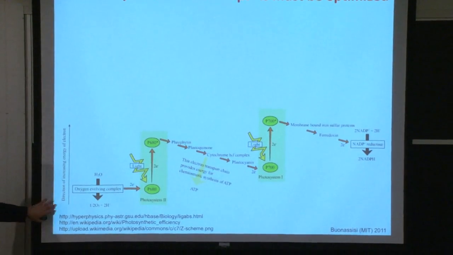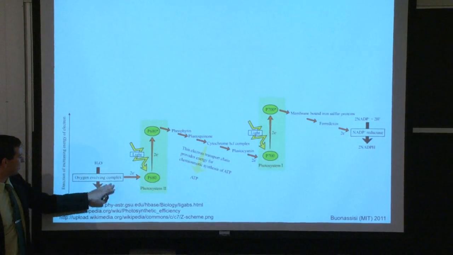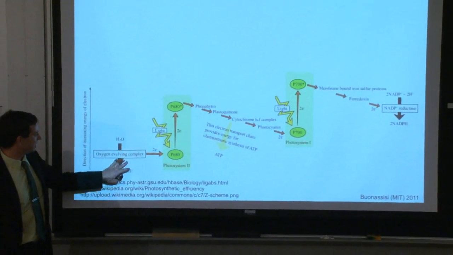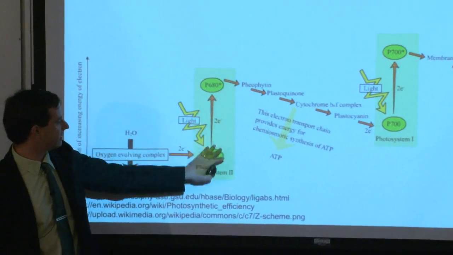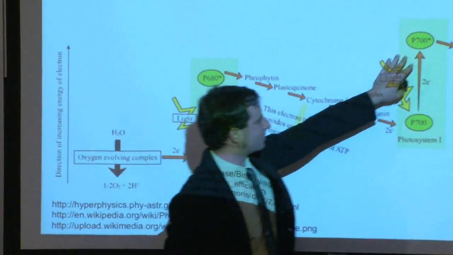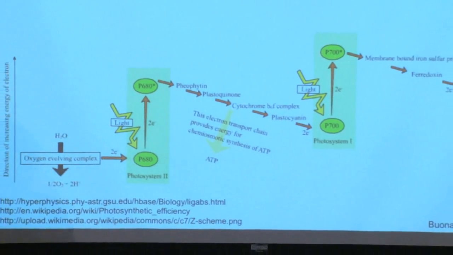Does anybody recognize what this is about? So you have over here some H2O going into an oxygen evolving complex, and light is coming in, essentially exciting an electron, which is being stored in some form of chemical energy. What is that? Photosynthesis, right?